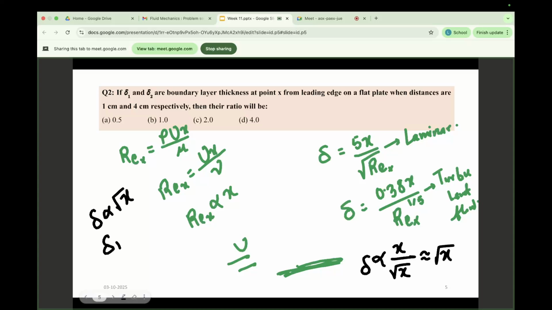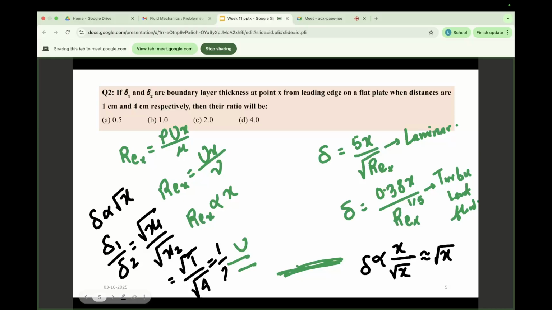So I can write this 1 by this 2 equal to this 1 by this 2. So x1 is given as 1 and this one is given as root 4. So that is 1 by 2, which is 0.5. So the correct option is 0.5.